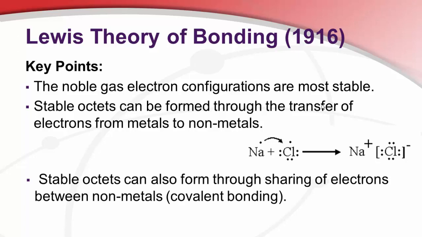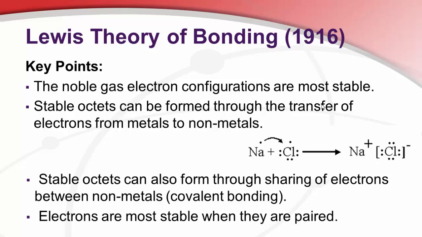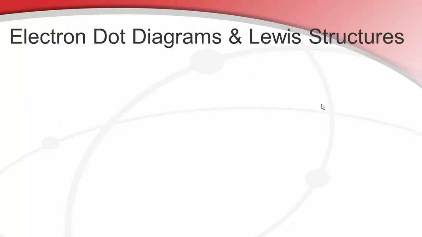But stable octets can also form through the sharing of electrons between nonmetals, or covalent bonding. It's these covalent bonds that we're going to look at in detail today. But one of the fundamental ideas that we have to keep in mind is that electrons are most stable when they are paired.